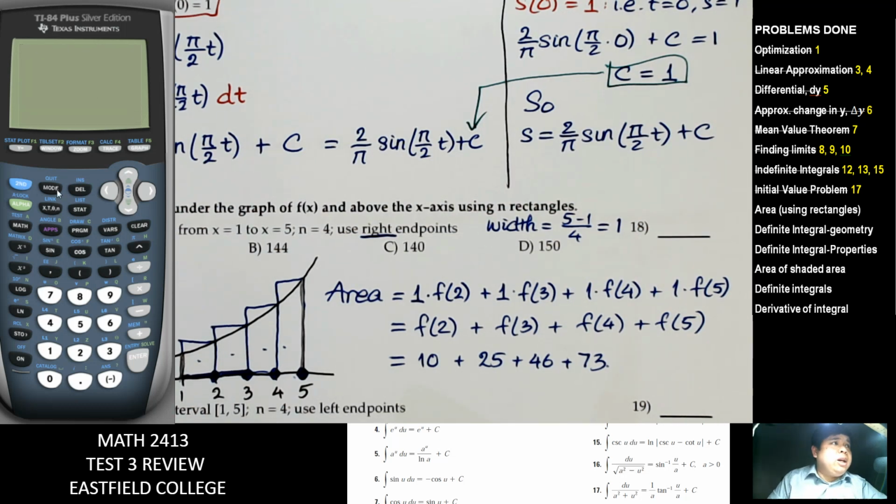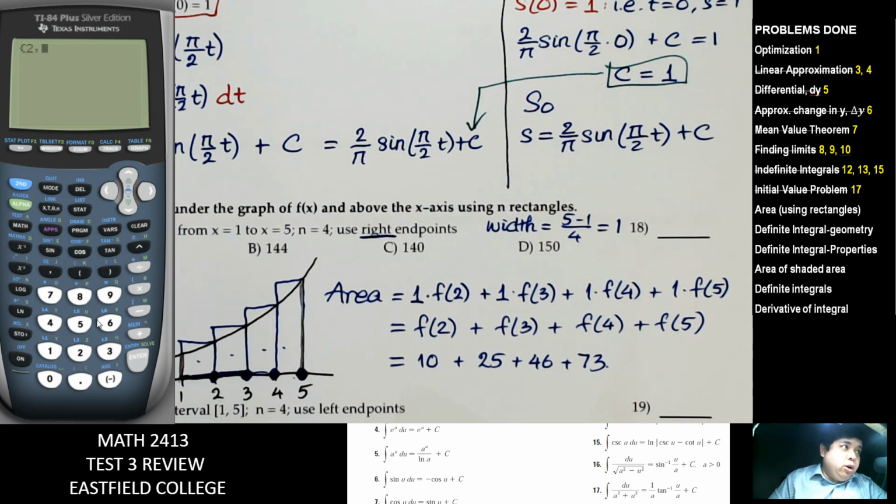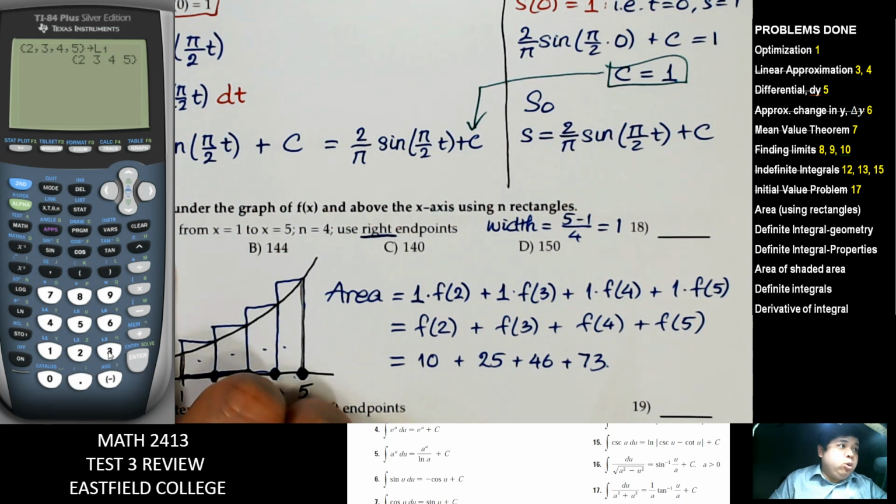So on the home screen, I can do this. Open the curly bracket, 2, 3, 4, 5, and store into L1. And then we have 3 L1 square minus 2, because we have those values.